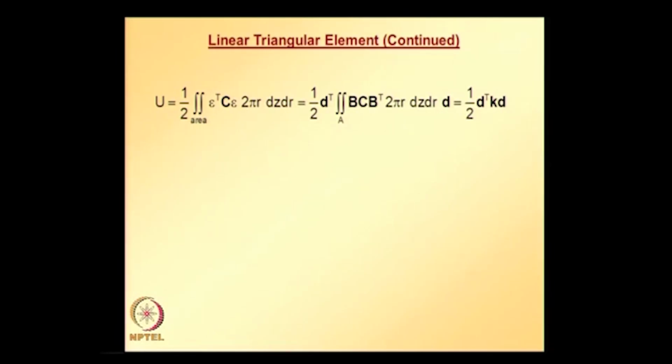As I just mentioned, unlike the plane stress plane strain case, all terms in the B matrix are not constant, and therefore some type of numerical integration is necessary to evaluate stiffness matrix K.